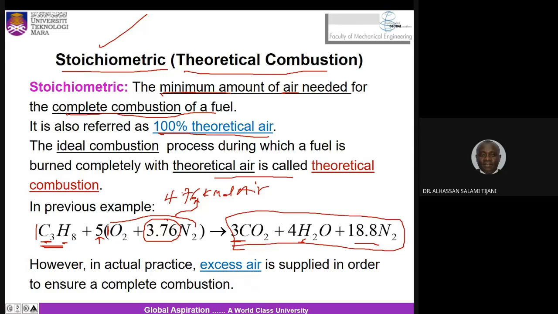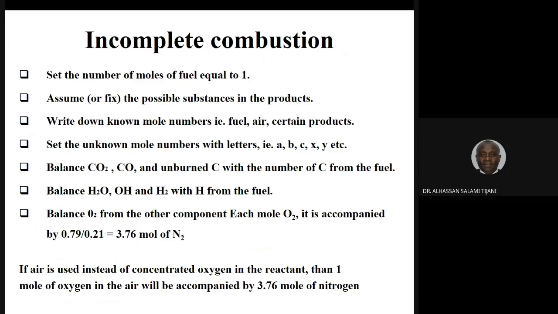However, in actual combustion practice, excess air is supplied in order to ensure a complete combustion. So normally in practical situations, we put more air so that we can have 100% assurance that there will be a complete combustion.